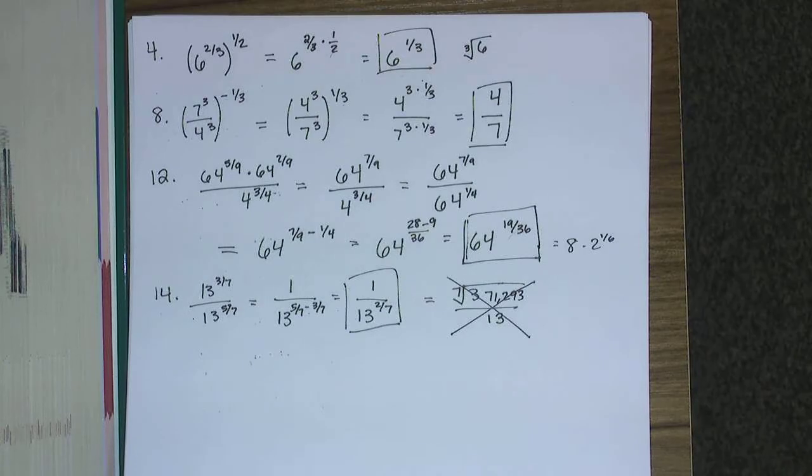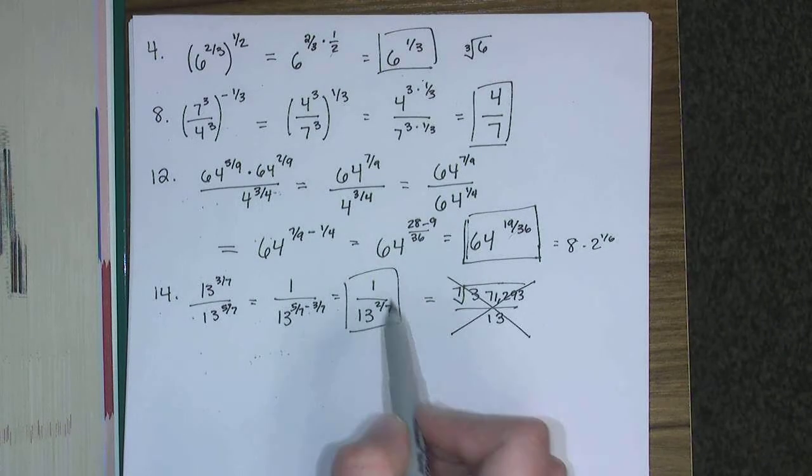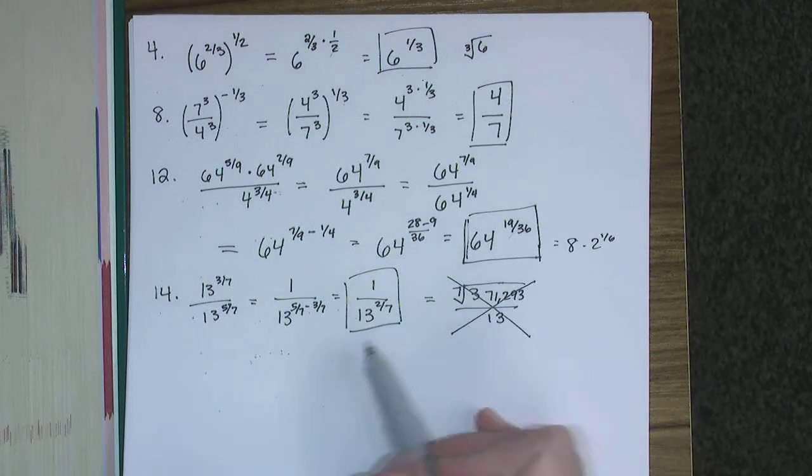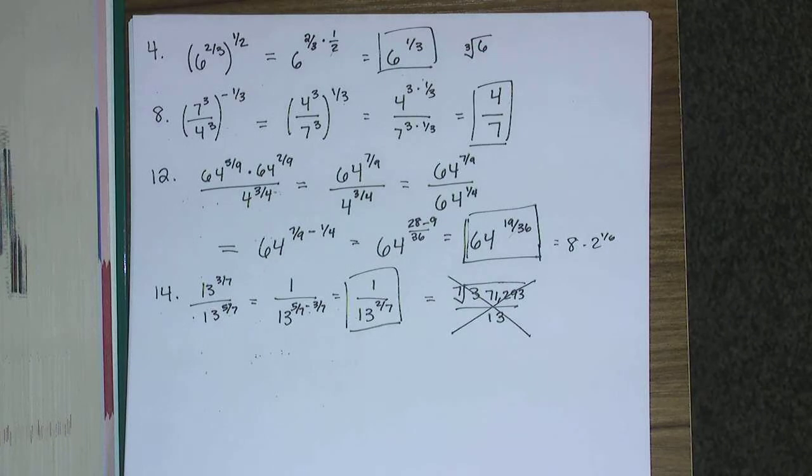Okay, and those answers do come out to be the exact same, but I would prefer you just leave it here because to get all the way to here just requires a calculator pretty much. So just leave it here when you get here, okay? That's what I was verifying, that those did in fact come out to be the same thing, and they do. Okay, so that section we're done with. That's just simplifying the expressions.